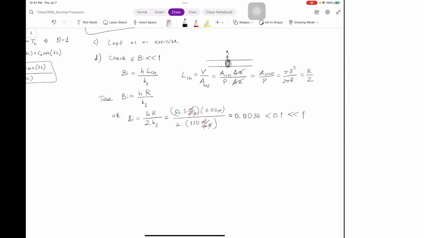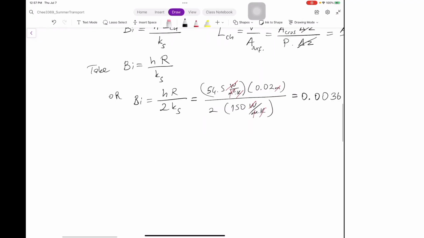Okay, good. So this is a good assumption. We say that, yes, this assumption is valid.